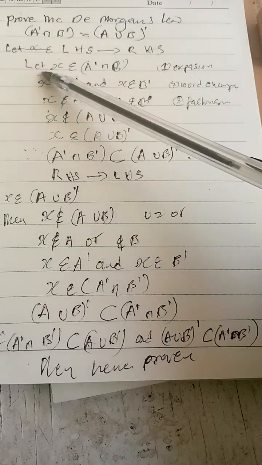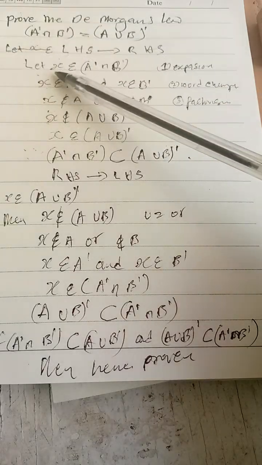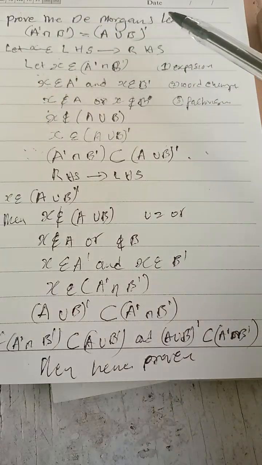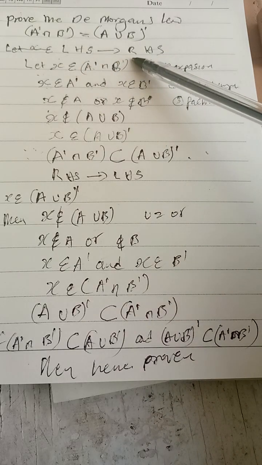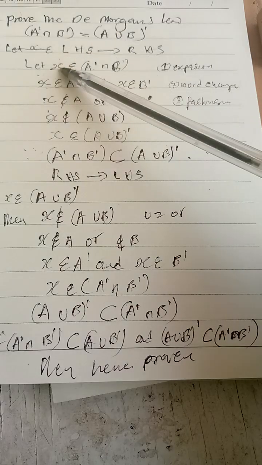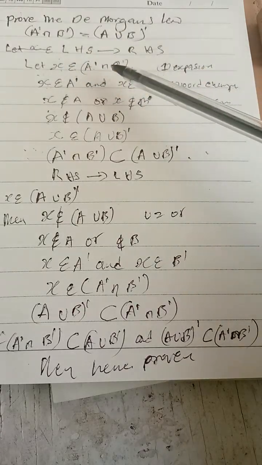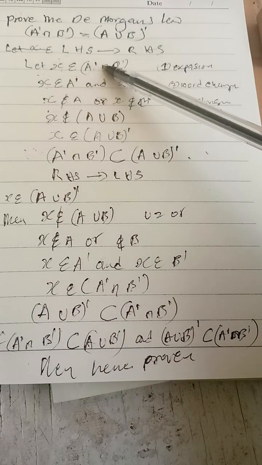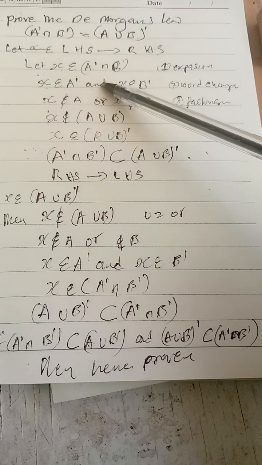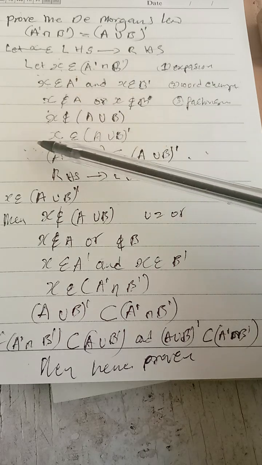From here, we said let x be a member of what has been given here. Then from there, we do the expansion. Since we can expand this, the complement is not outside like this one here. So we do the first part expansion. We have this. After having this, then the intersection changes to and outside the bracket is what we said.